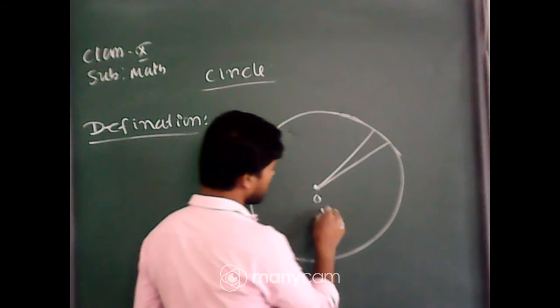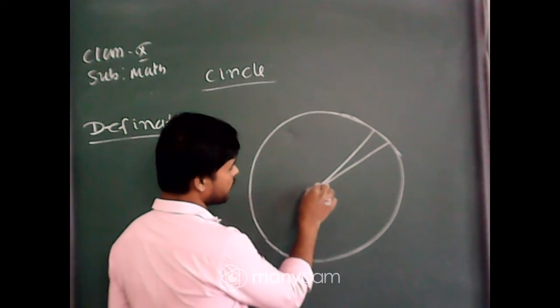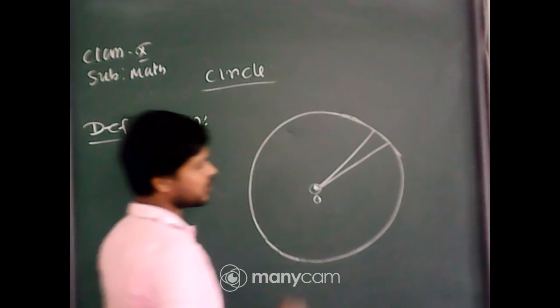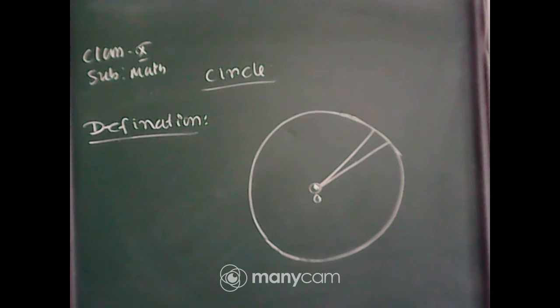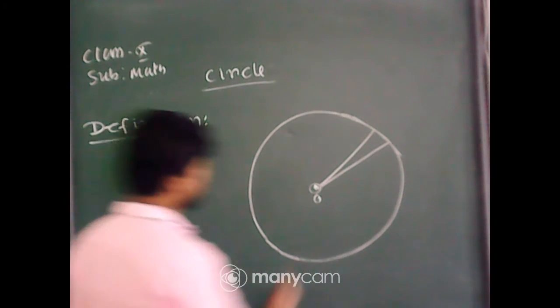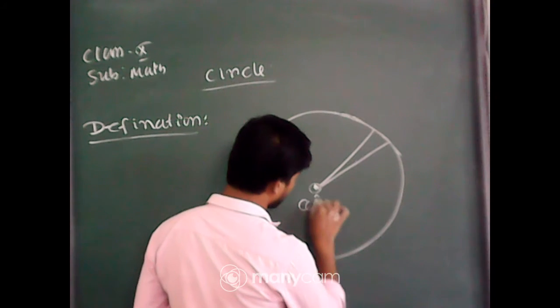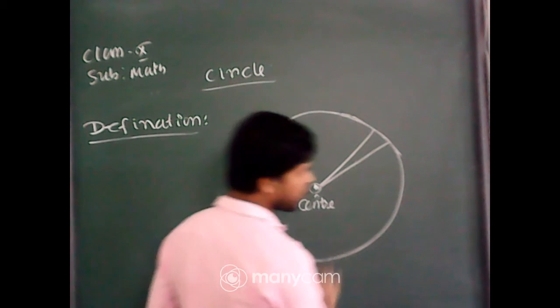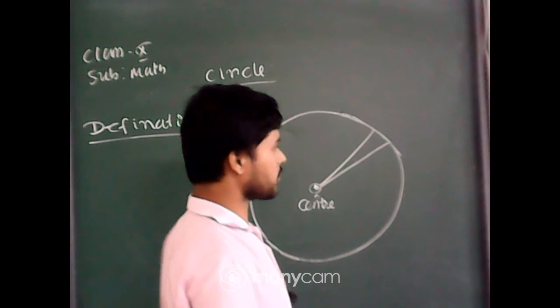Do you know what this fixed point is called? This fixed point is called the center of the circle.